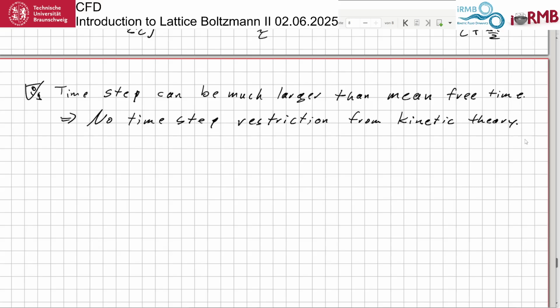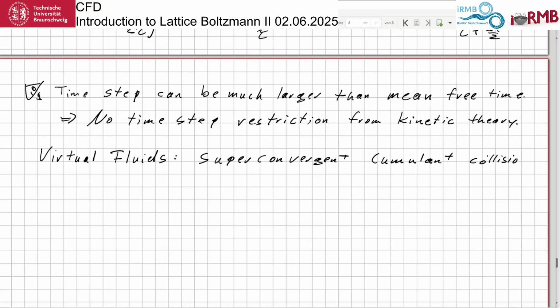So, yes, in VirtualFluids, it's implemented, but this is not the way we usually do this in VirtualFluids. In VirtualFluids, we are using something that we call the superconvergent cumulant collision operator, which you can call in the method.